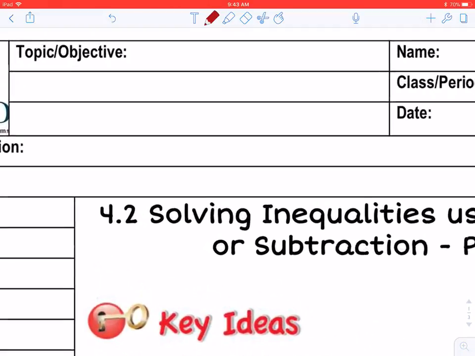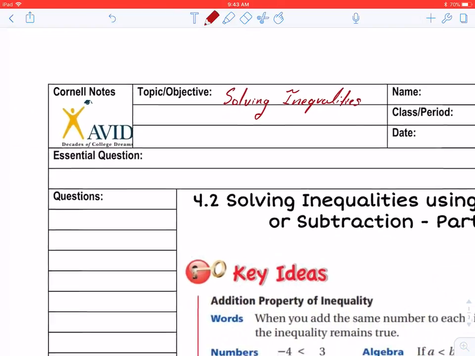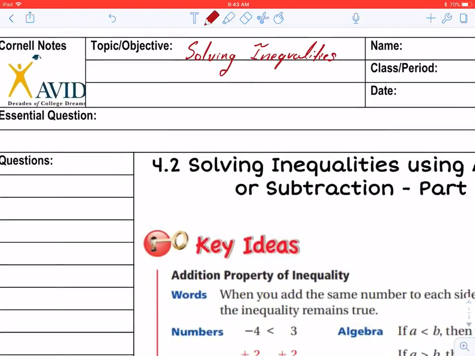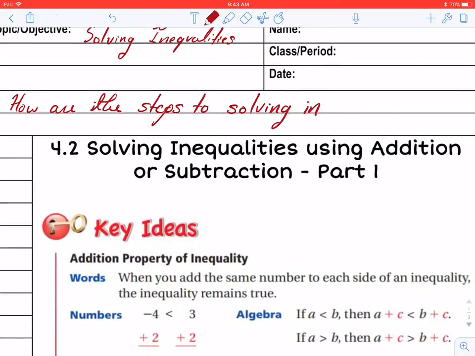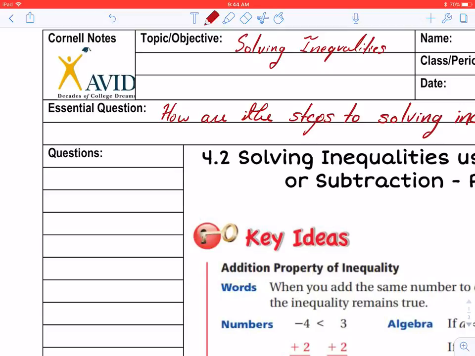So the topic/objective for your notes is going to be solving inequalities, and then the essential question for today is, how are the steps to solving inequalities different or similar to solving equations?